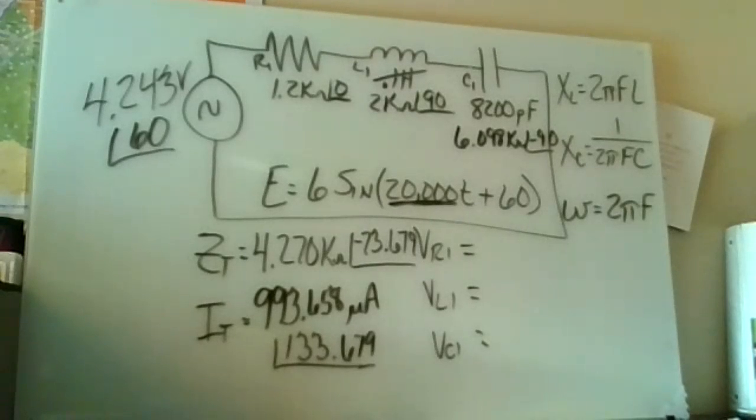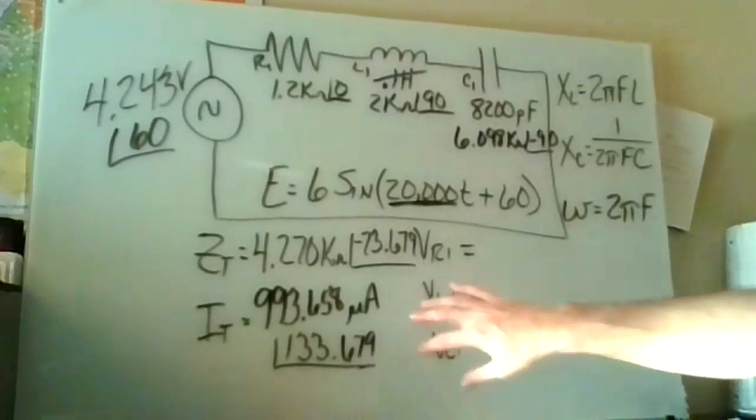So everybody kicking pretty good so far, right? Everybody's getting these. Now it's either voltage divider rule or I times your impedance will give you your voltage drop, whichever way you want. Personally, I like the voltage divider rule for VR1, VL1, VC1.